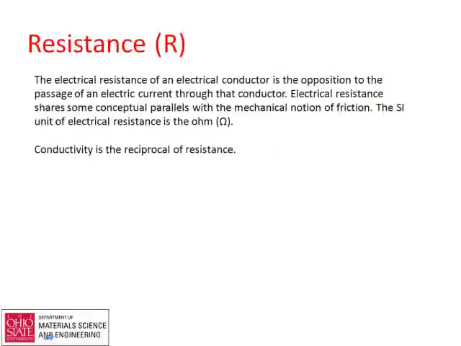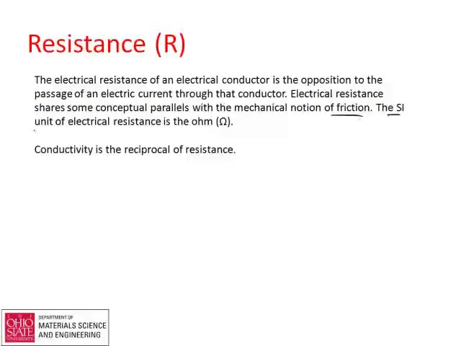And then R is resistance. The electrical resistance of an electrical conductor is the opposition to the passage of electrical current through a conductor. Electrical resistance shares some conceptual parallels with the notion of friction, meaning that it's something that often damps things out. It's a way energy is absorbed, much like friction can absorb mechanical work. Resistance can absorb electrical work.